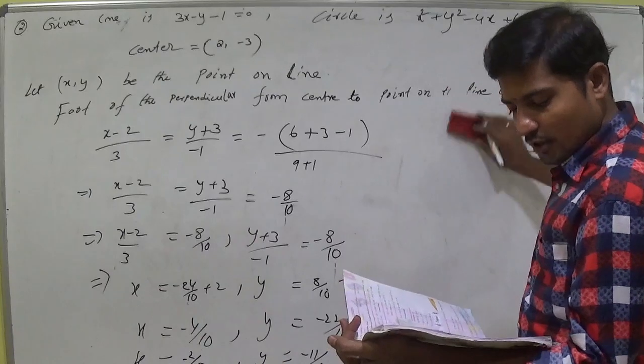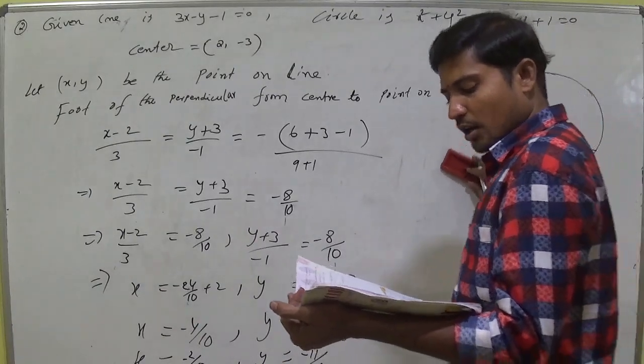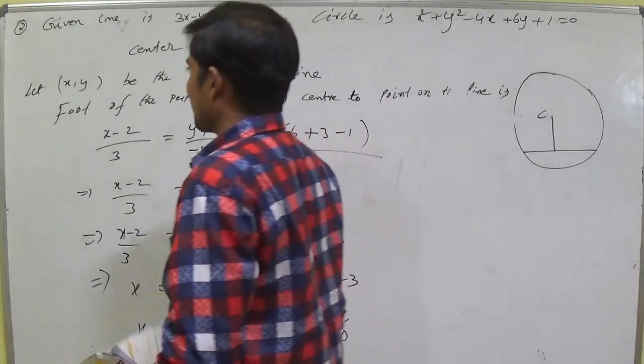Next, third one, the length of the chord of the circle with given midpoint.